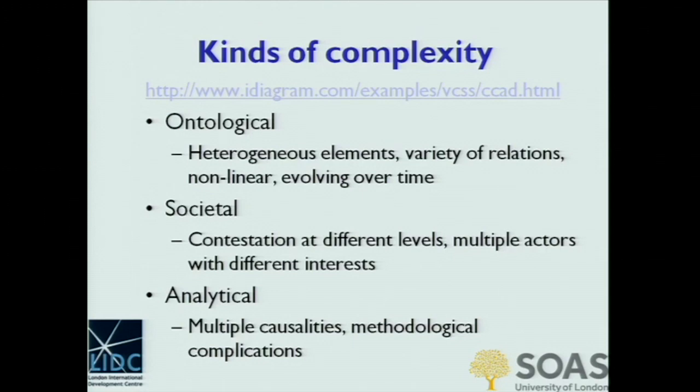But there are other kinds of complexity as well. Societal complexity, I've called it, not a very nice phrase, but I don't know a better word. The fact is that if you take natural resource management as an example, natural resources are contested. In management systems like, say, water, not everybody has the same stake, not everybody has the same interest, and so there are no optimal solutions.